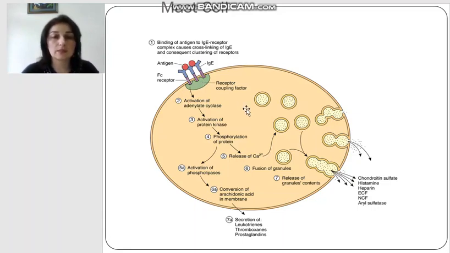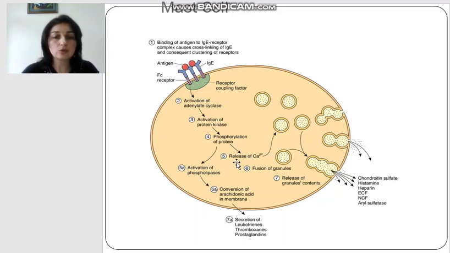So activation of the cell will lead to increase of the calcium concentration inside of the cytoplasm, and it will result in discharge of the granules. That process is called degranulation of the mast cells, and all of these components will be released into the extracellular space and will cause the effects there.